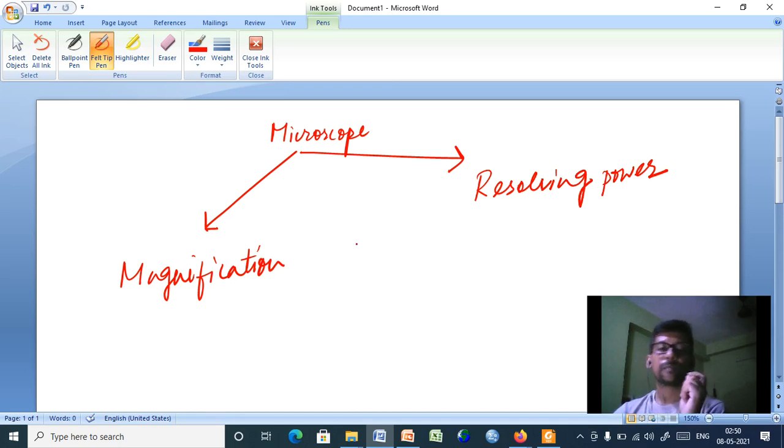So firstly, what is magnification? It is a quality to increase the image in size.